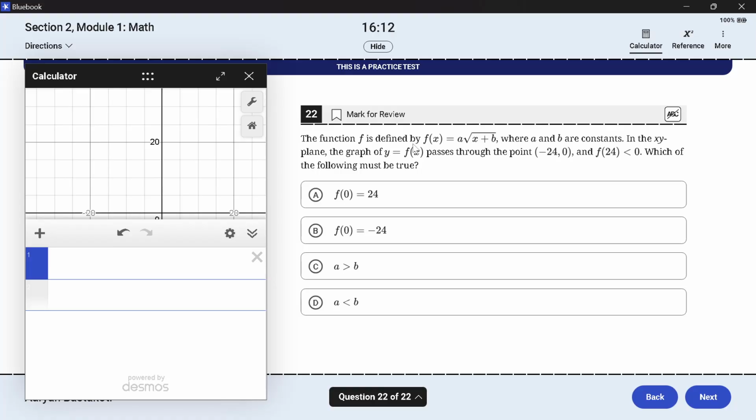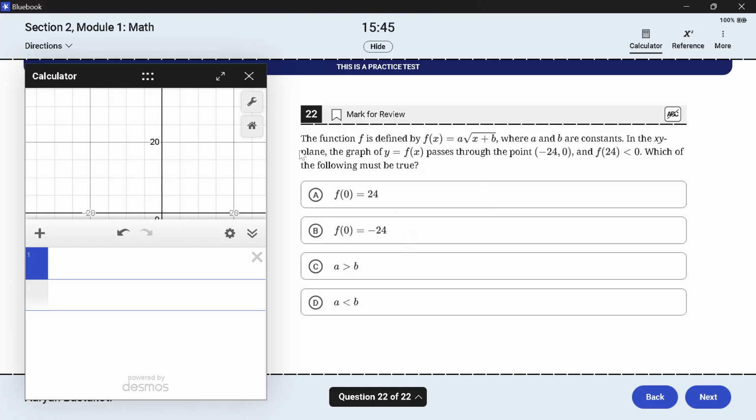Okay, this is not a linear function, not a function we recognize easily. The graph of y equals f of x passes through the point minus 24 comma 0.